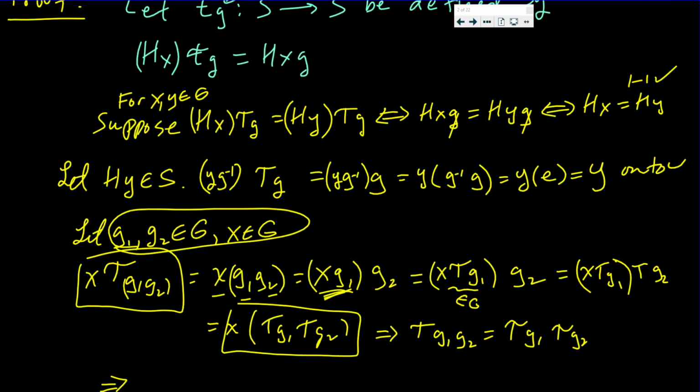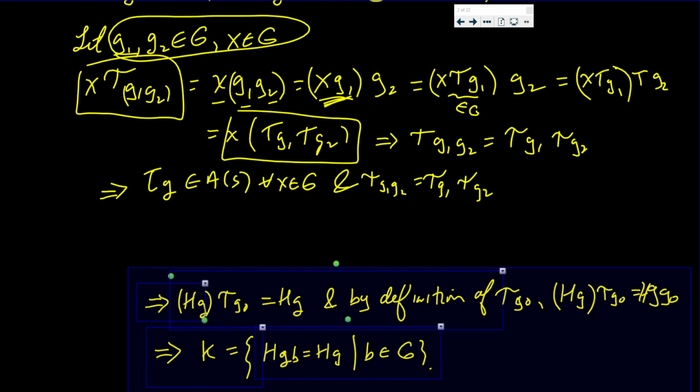As I was about to say, this implies that tau g is in the set A of S for all g in G, and tau g1g2 is tau g1 tau g2.